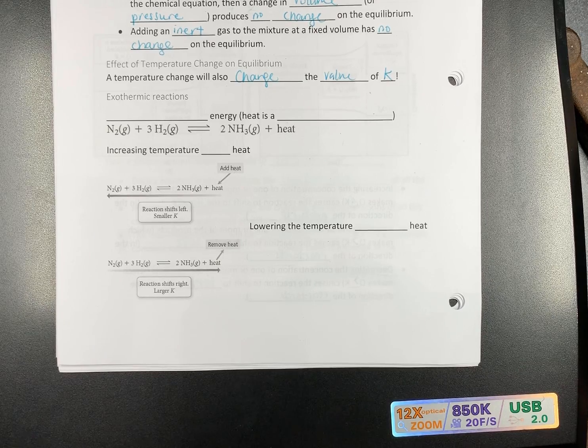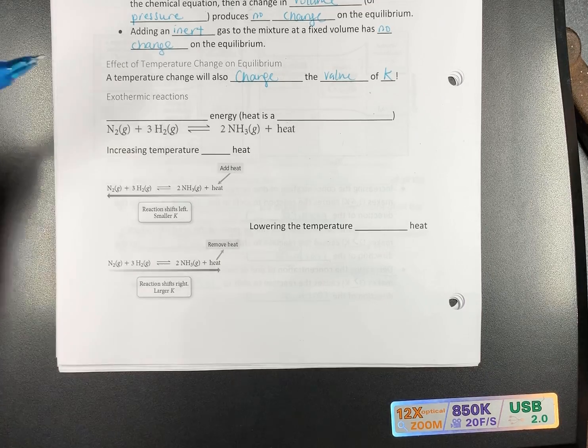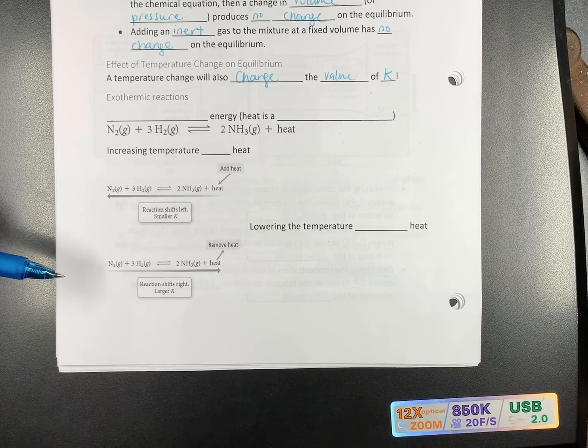Because if you go back and review the definition of an equilibrium constant, it's the ratio products to reactants at a particular temperature. So you change the temperature, value of K does change. So when you're evaluating this situation with a temperature change, you have to decide which way the reaction is going to go and what happens to K. So there's two things you have to figure out here.